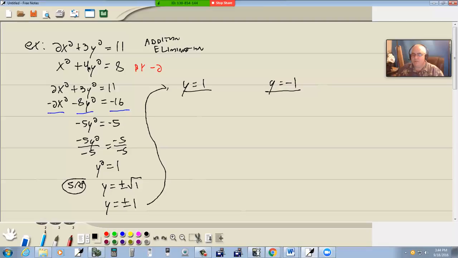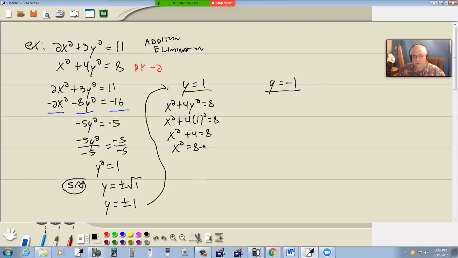Doesn't matter which one, whichever one looks easier to you. I'll pick the second equation. So we got x squared plus 4y squared is equal to 8. And we just said y is equal to 1. So we're going to have x squared plus 4 times 1 squared is equal to 8. Now 1 squared is 1 times 4 is 4 equals 8.